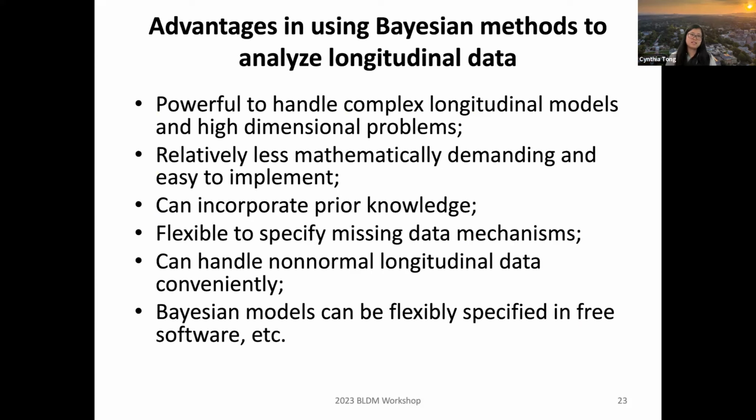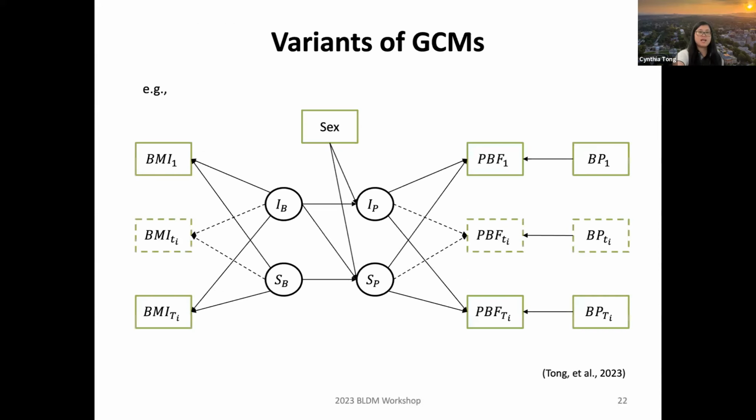And here I actually listed advantages in using Bayesian method to analyze longitudinal data. First, Bayesian methods are powerful to handle complex longitudinal models and high dimensional problems. Like I just said in the previous slide, this path diagram or this data set is complicated to analyze, and Bayesian is just very flexible and very powerful to do that.